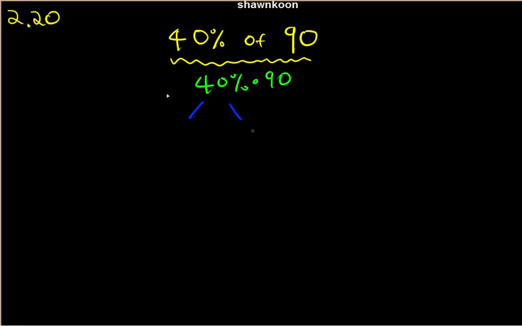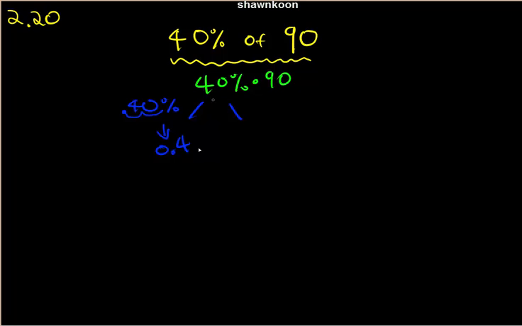decimal or a fraction. So when you're changing this into decimal, you would just move the decimal point to the left by 2, right? So 1, 2, and put a dot there, and 40% actually becomes 0.4.